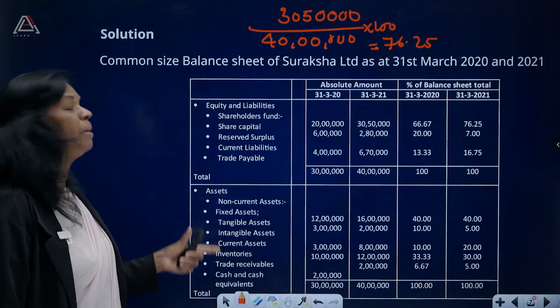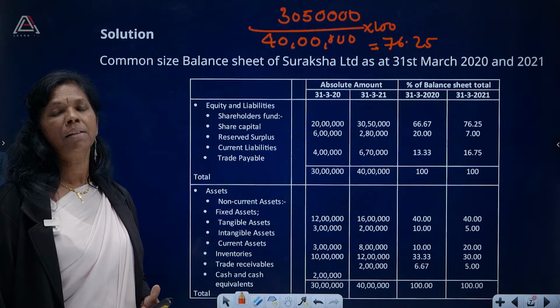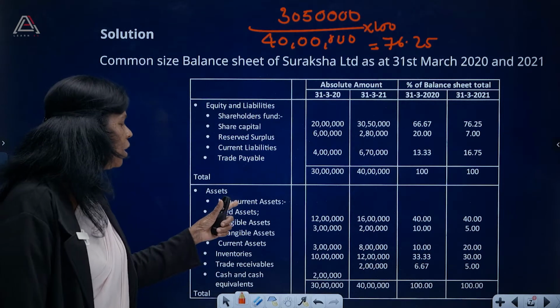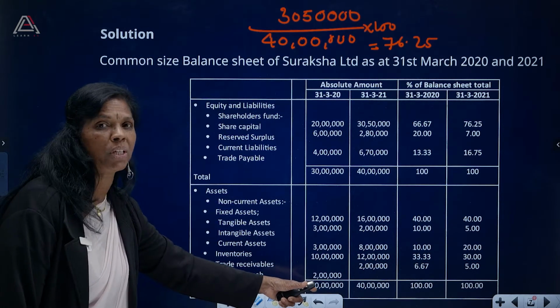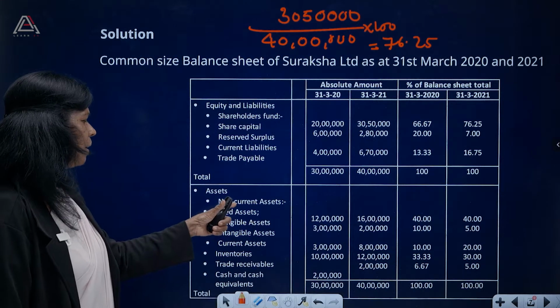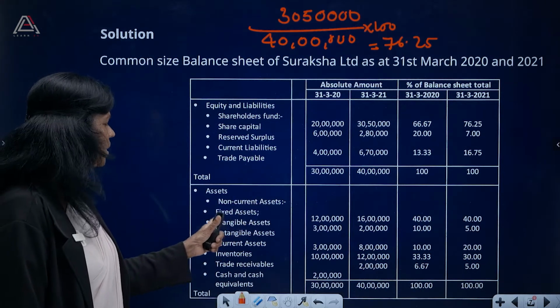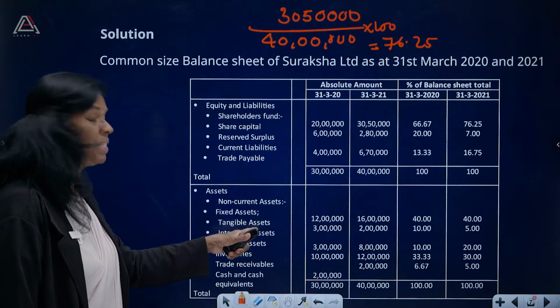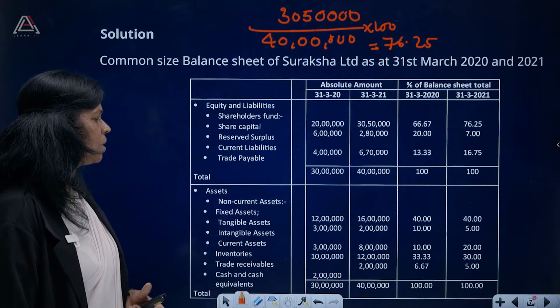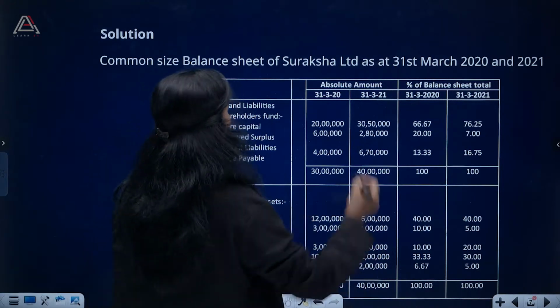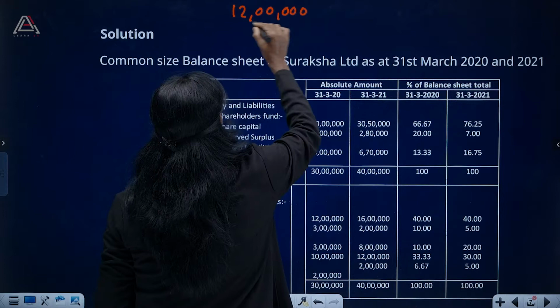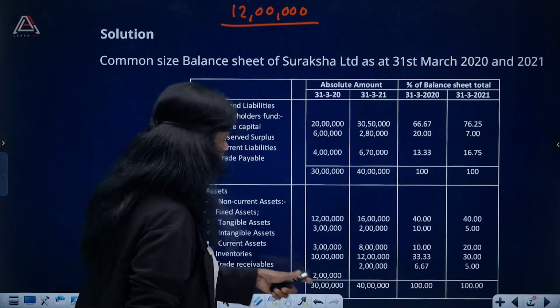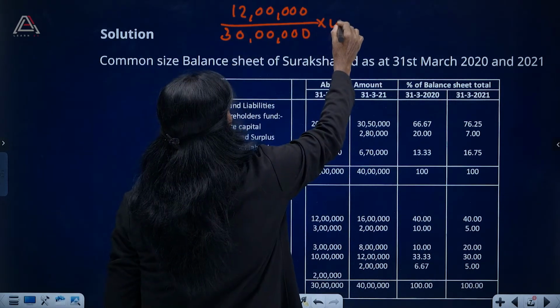Okay, then coming to the asset side. The same procedure we have to follow. Individual asset we have to divide by total asset. See, first case, non-current asset, under non-current asset, first item fixed asset. Fixed asset first one, tangible asset 12 lakh. See, first item 12 lakh divided by, how much is the total? 30 lakh into 100.